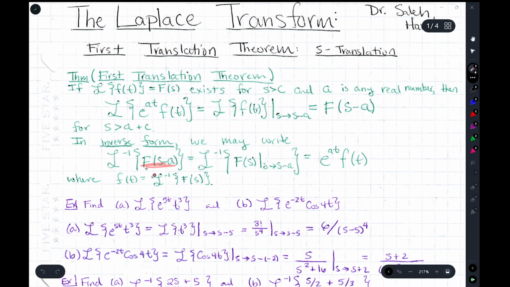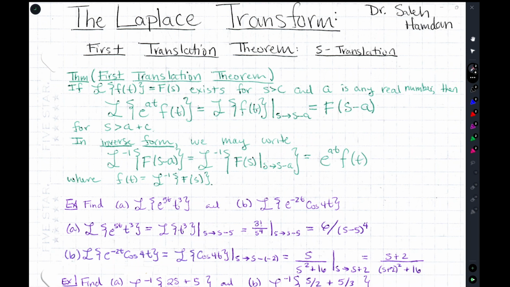And what that tells us is that if you translate the transformed function, so capital F, a units to the right, and you take the inverse Laplace transform, what you end up getting is the function, which is the inverse of the Laplace transform without any translation, times e to the at, okay? So that's the effect of multiplying a function f by e to the at and applying the Laplace transform. It translates the transformed function a units to the right.